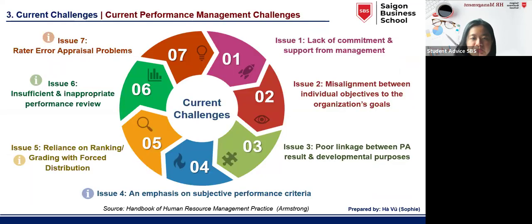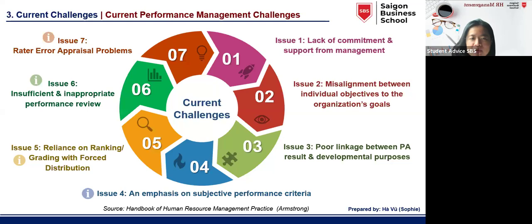And I think that we have gone through the first four performance management challenges that enterprises usually face. So I think that it is enough for our morning session. In the afternoon session, we will take a closer look at the remaining three problems of performance management.